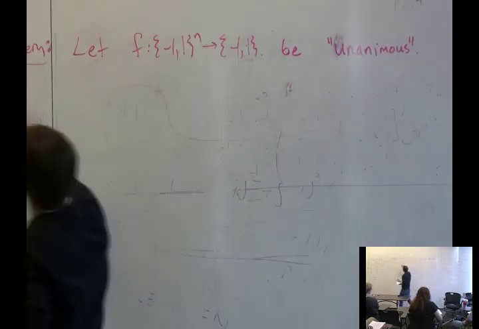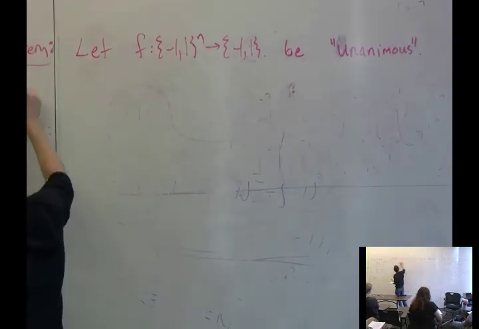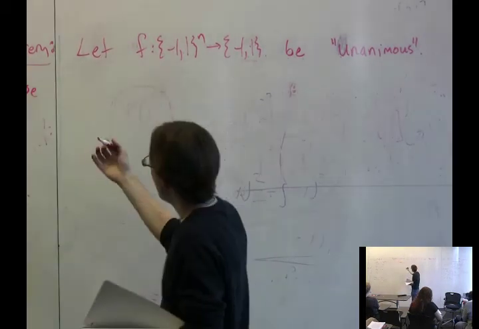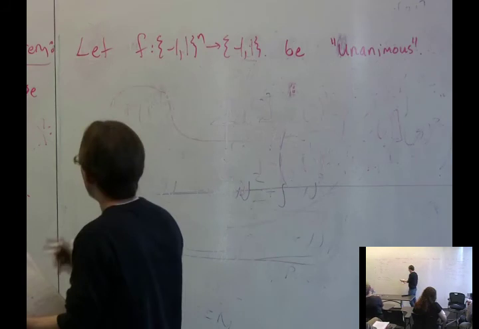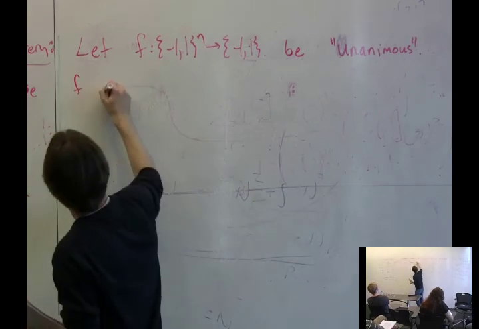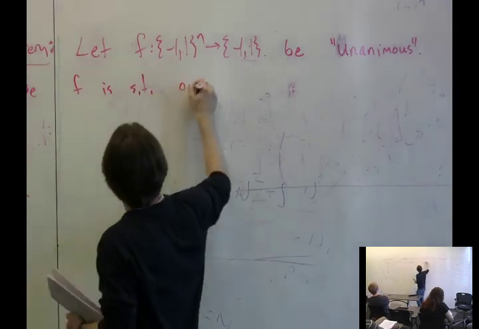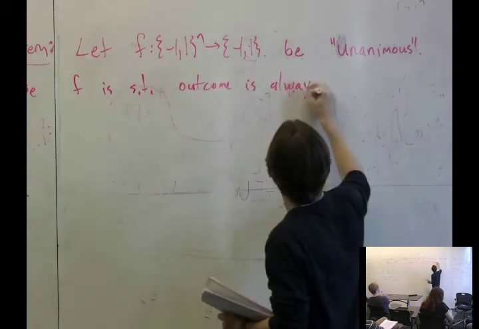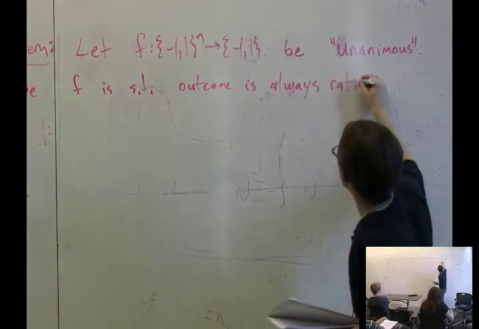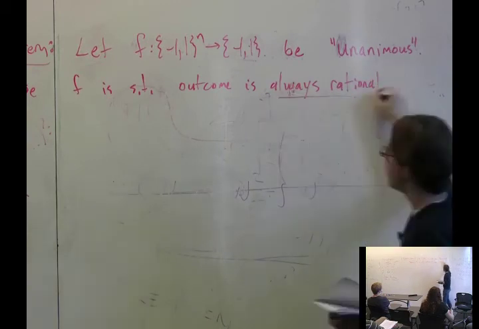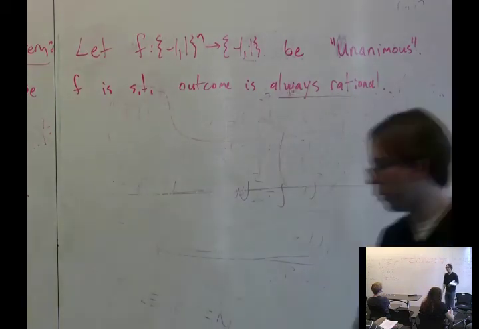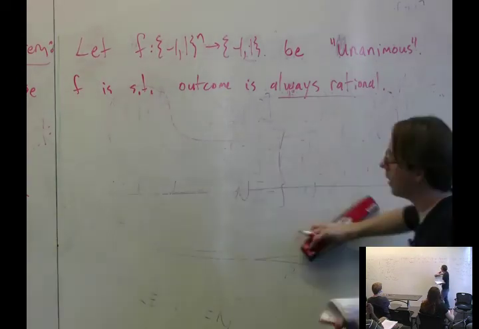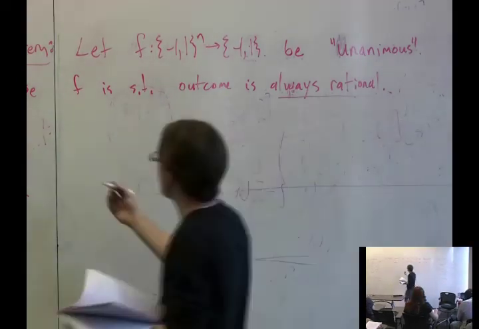And suppose that in a three-way Condorcet election like this, F is such that the outcome is always rational. So you never have the paradox using F. That would be great. And what Arrow says is, yeah, it's great, but there's only one way to achieve that, which is a horrible way. F must be a dictator.